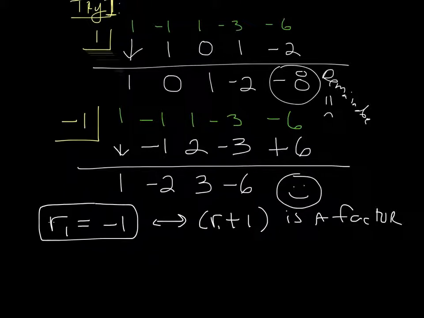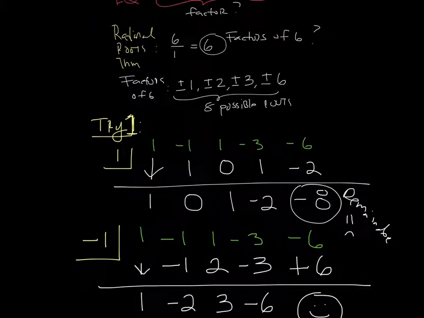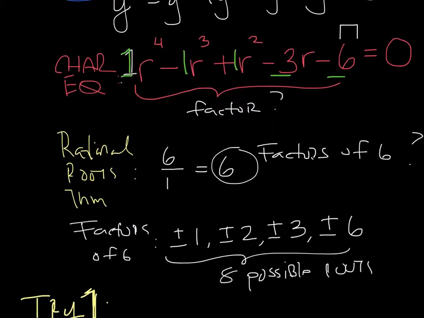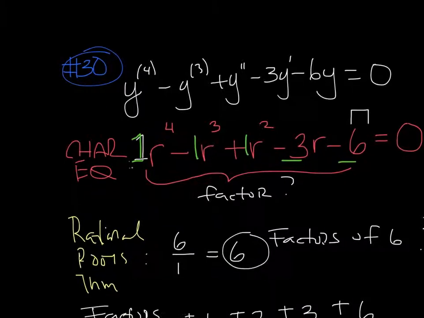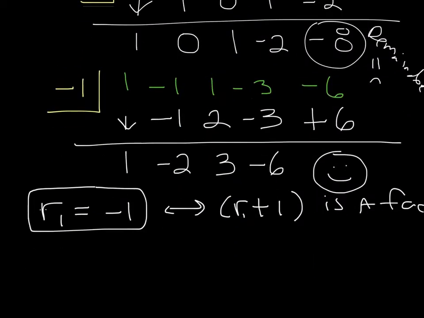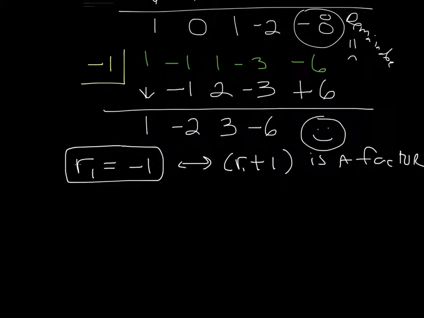Okay, so remember, when we did the synthetic division earlier with our order 3 polynomial, we found one root, and then our cubic became a quadratic, and then we used the quadratic formula. Well, here, if we write r plus 1, what's our resulting polynomial?